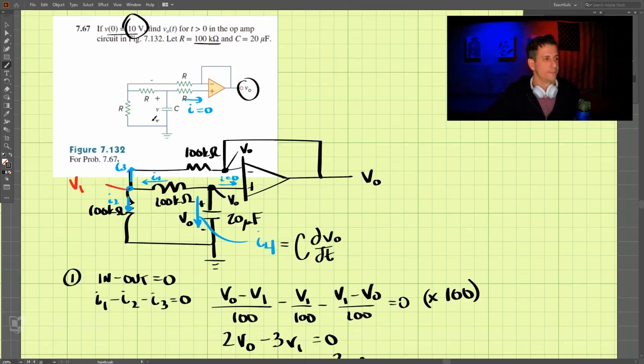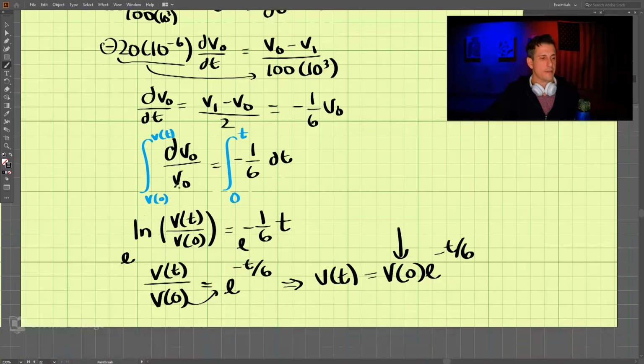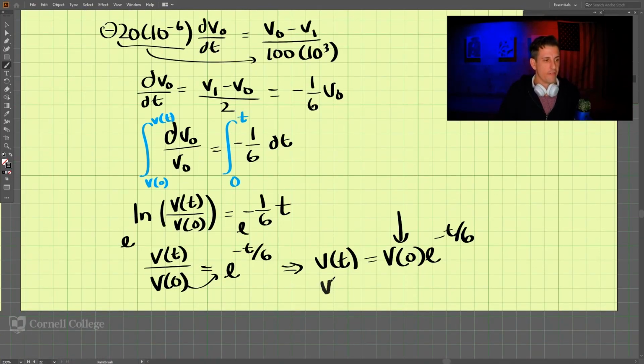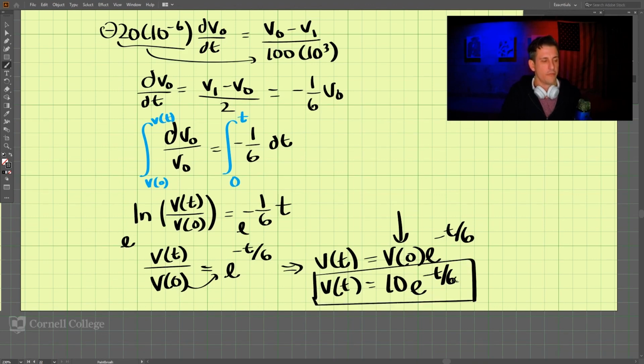So we'll sub that in, and we have V of t equals 10 volts e to the negative t over 6. And that is the solution of the voltage across the capacitor for t greater than 0.